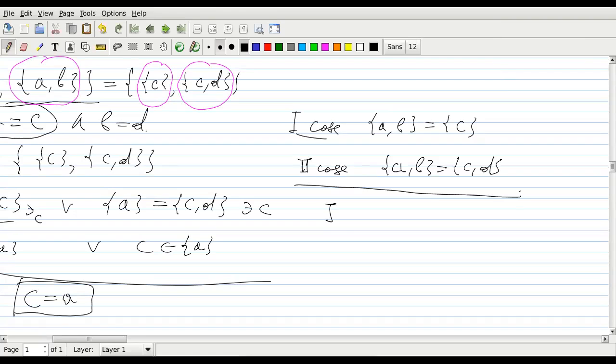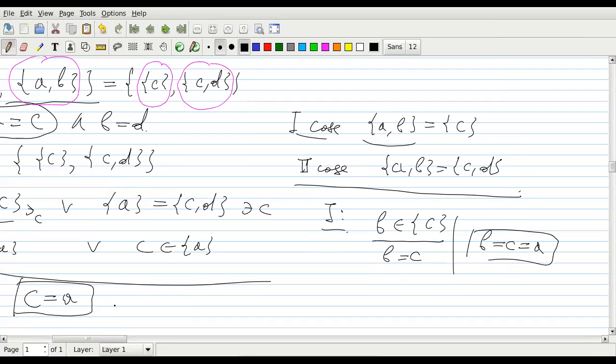For the first case, I know that B is an element of this set, hence B must be an element of the singleton, hence B equals C. So in the first case, B equals C, while C equals A.